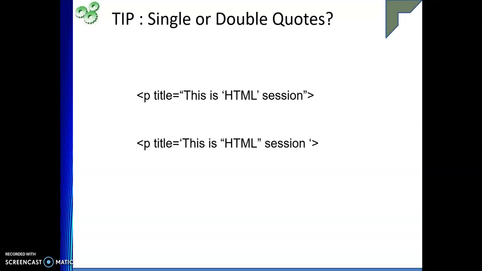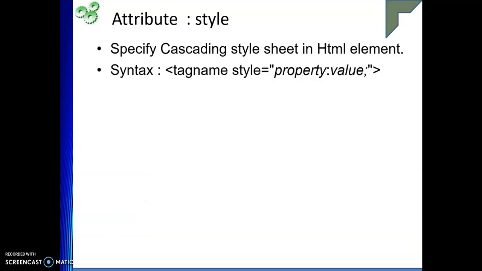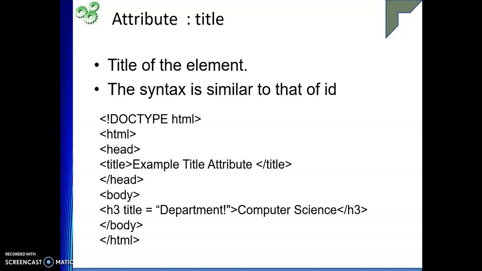It is typically called inline style, so it is associated with the tag itself. Like p is the tag itself, style equal to. So we have seen different types of style, like background color, font family, font size, text align, and all these things.